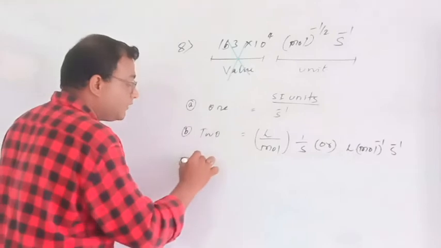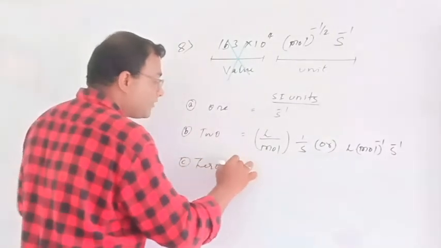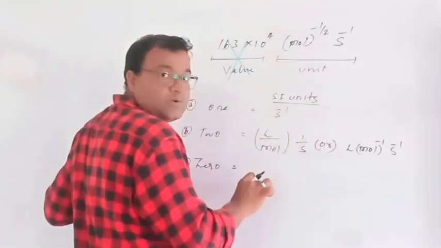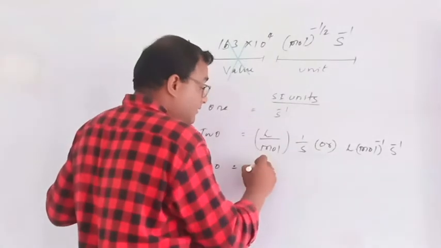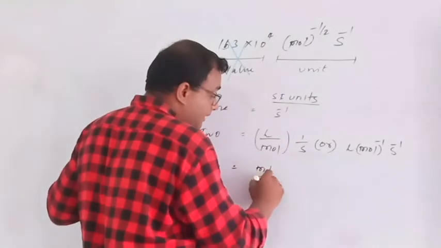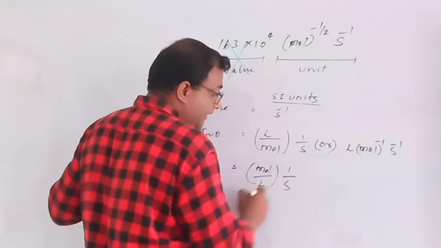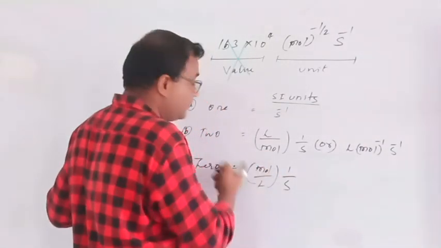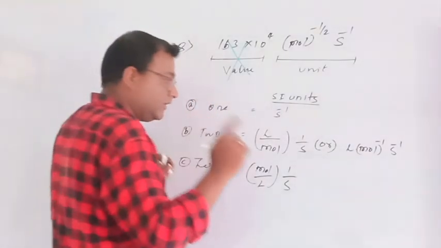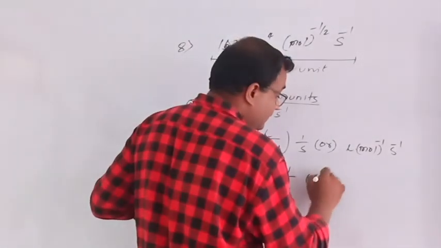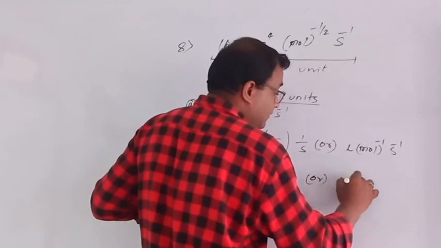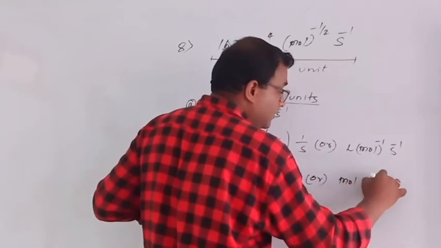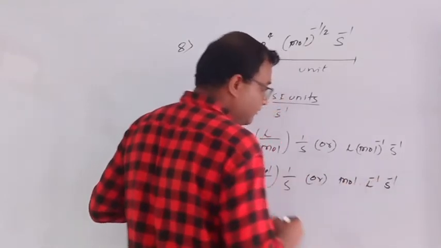Option C is given 0. For zero order, the unit is mole per liter per second, or mole liter inverse second inverse.